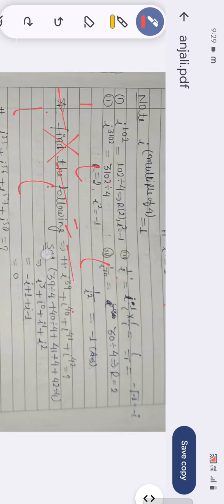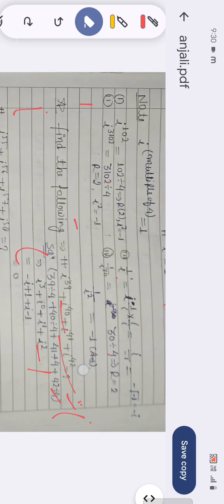This will be iota upon iota square, and we know very well that the value of iota square is minus 1, so this will be minus iota. Is it clear? You can simply remember that the value of 1 upon iota is minus iota. Is it clear?